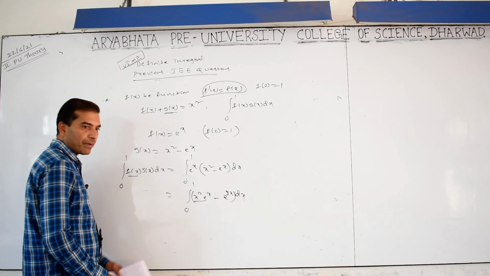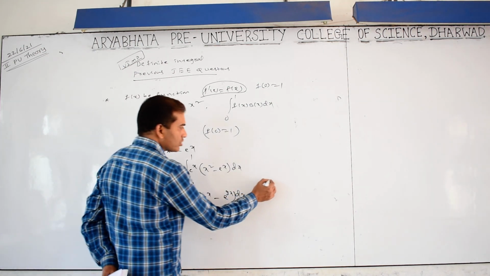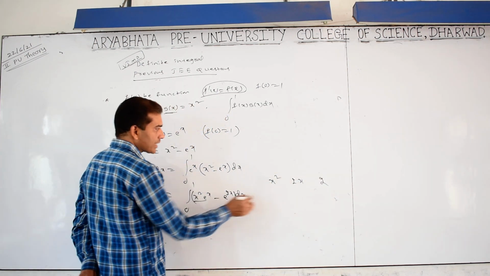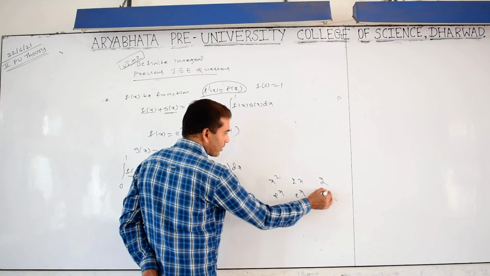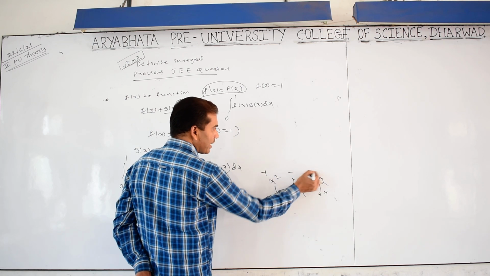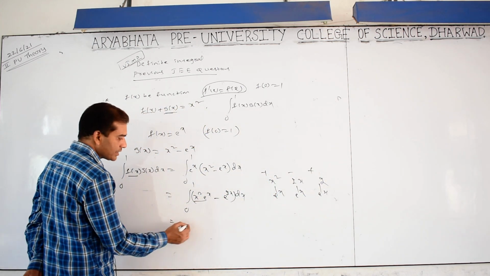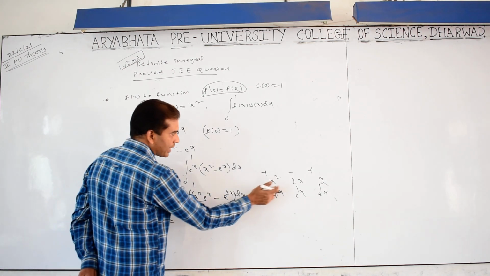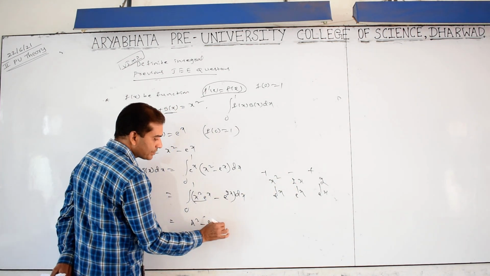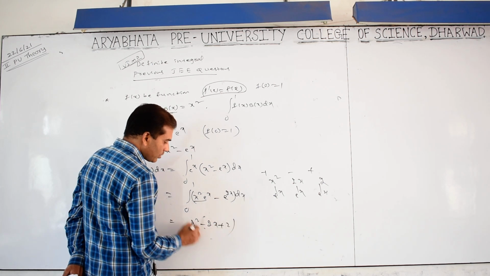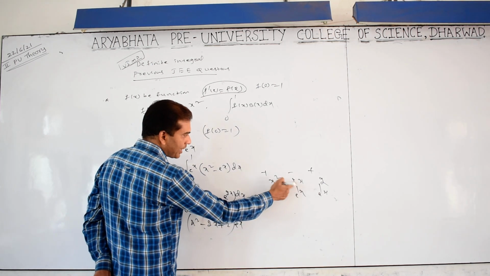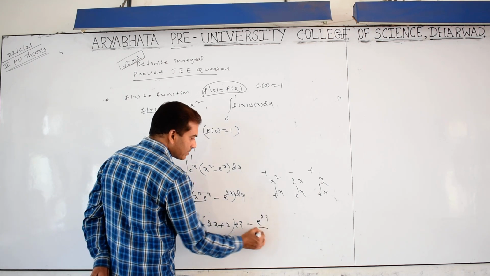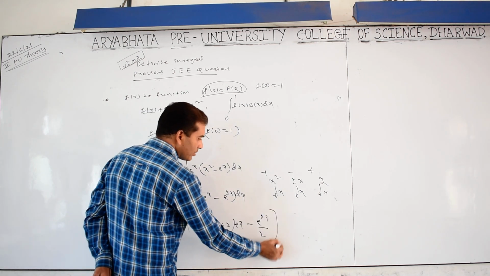To find this by parts, shortcut: x square derivative 2x, 2x derivative is 2, e power x integration e power x, e power x. Multiply this, plus minus plus. So the answer is x square minus 2x plus 2 into e power x, minus e power 2x integration e power 2x by 2, limits 0 to 1.